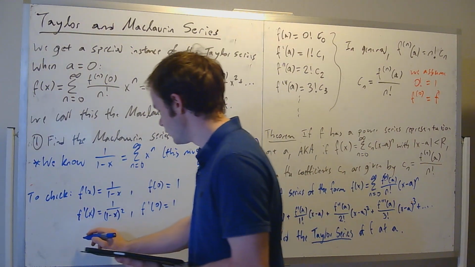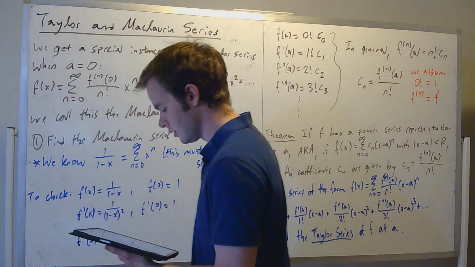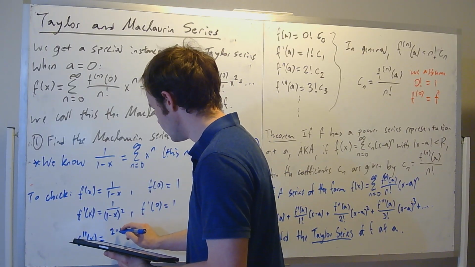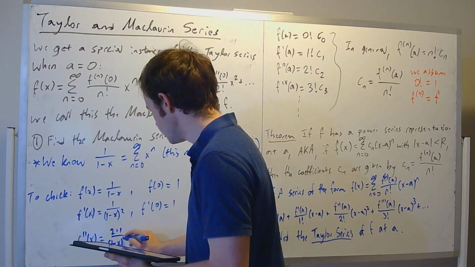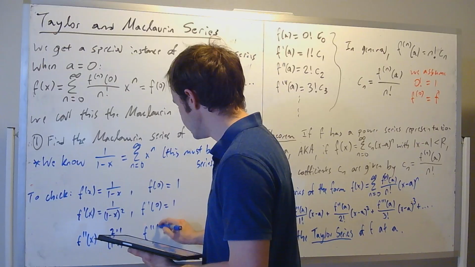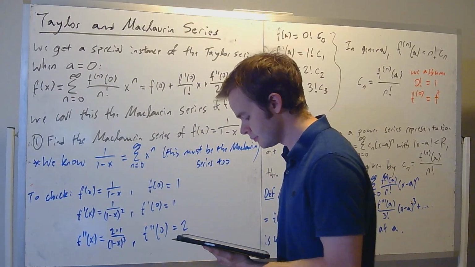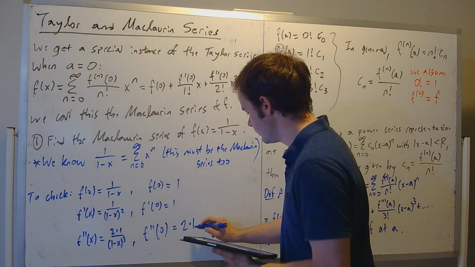Okay, so we just keep doing this. f double prime of x is going to be equal to 2 times 1 over 1 minus x cubed. If you plug in 0 here, you're going to get 2, which is 2 times 1.